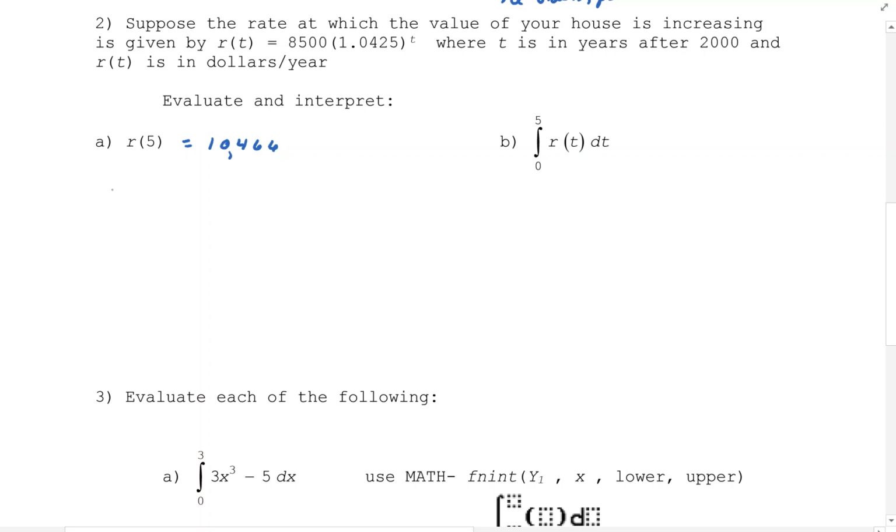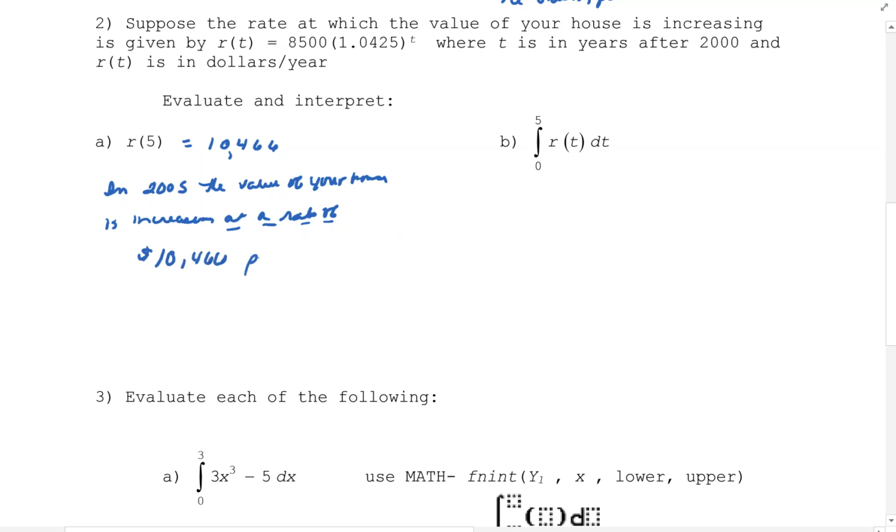So in 2005, 5 years after 2000, the value of your house is increasing at a rate of, we always like to get those in there, $10,466 per year.